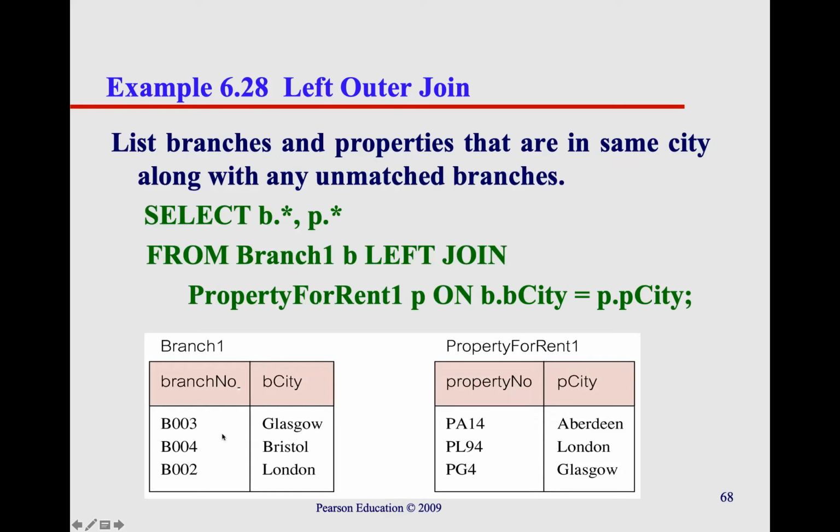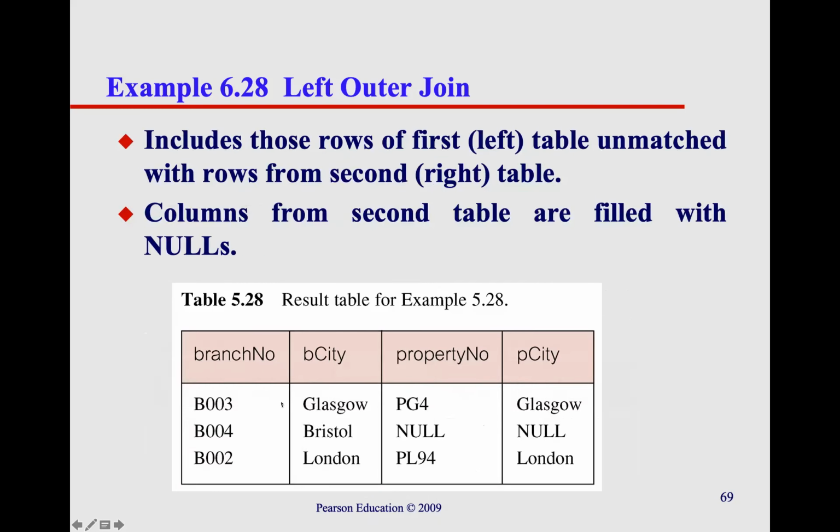And you can see here that if we look at property for rent, the branch in Glasgow has a property for rent, and the branch in London has a property for rent, but the branch in Bristol has no property for rent. So when we do the join, all the branches show up, but for Bristol, property number and property city are null because it doesn't have any.